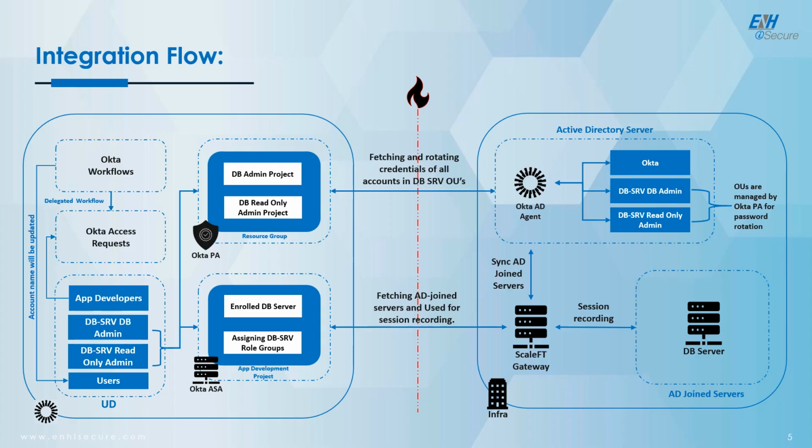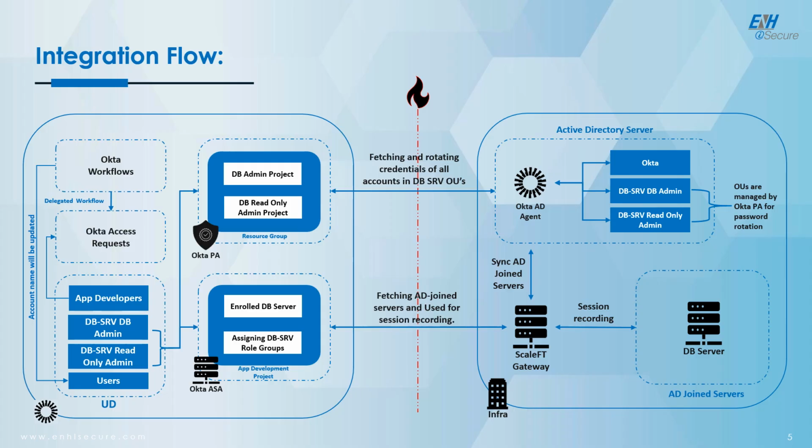I have enabled the connection to Active Directory and created rules to fetch specific AD accounts from designated OUs. These accounts are configured for password rotation every 6 hours, and we can also rotate the password each time they are used. Passwords are securely rotated using the Okta Active Directory agent, which is installed within the organization's infrastructure.